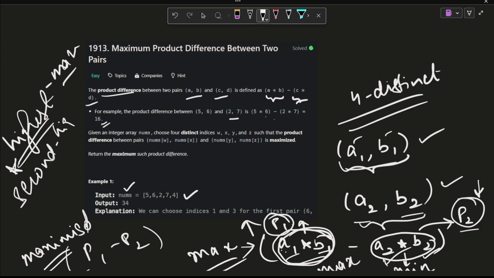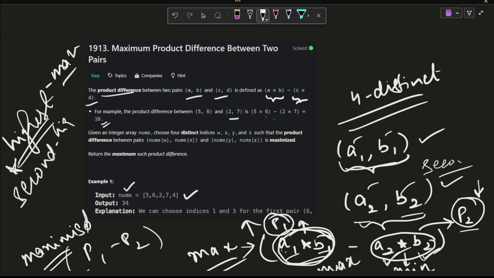For that, we will select a2 as the lowest element present in the array, and b2 as the second lowest element. If we make the product of both of them, we will get the minimum product that we can form in this given nums array. So that was it.